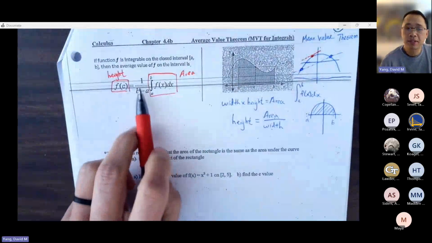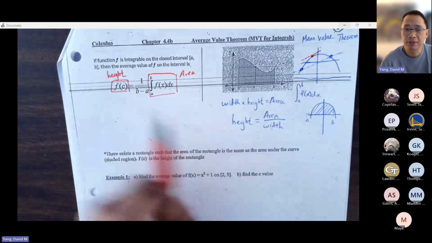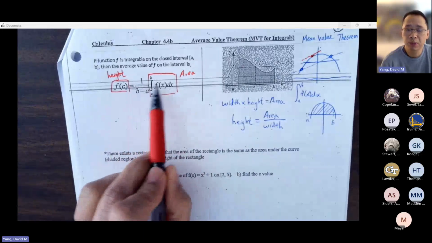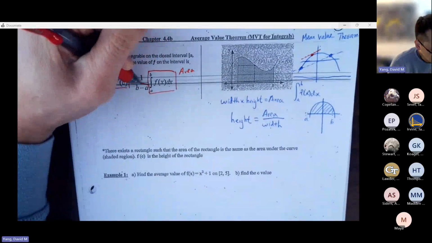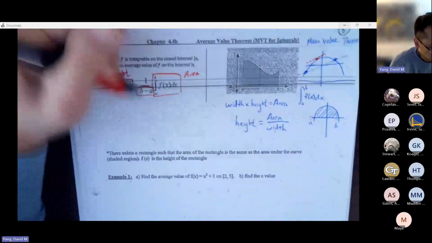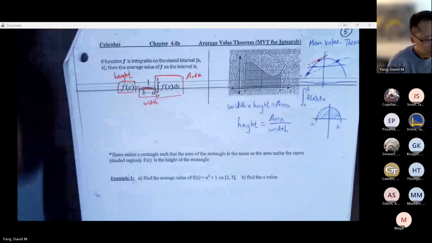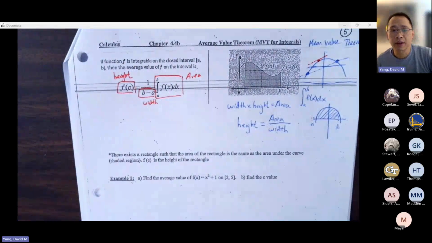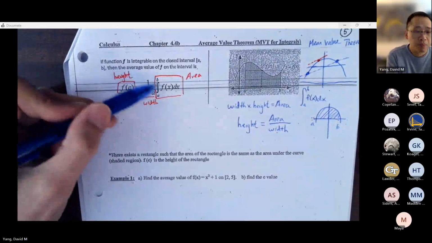And then you notice how it's divided by b minus a, but that division by b minus a is getting pushed out in front. So it looks like a multiplication, but really it's the area divided by the width. It's just written out as a coefficient instead of below the integral here. So height equals area divided by the width.